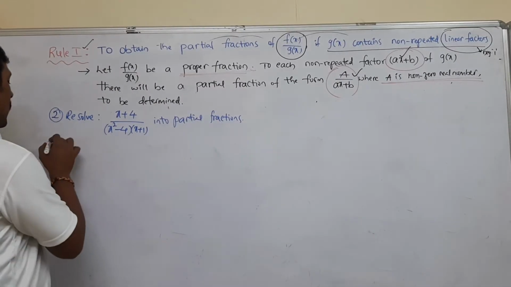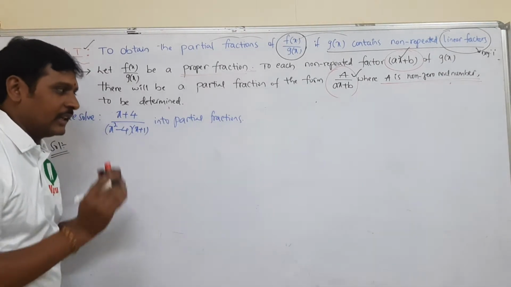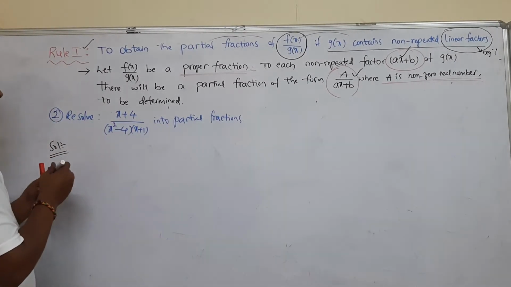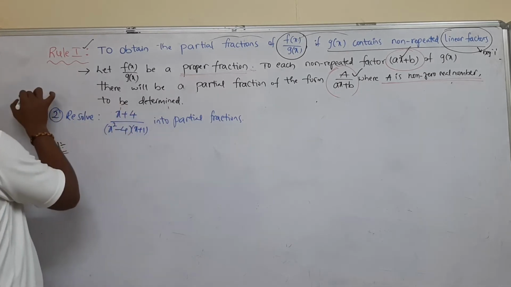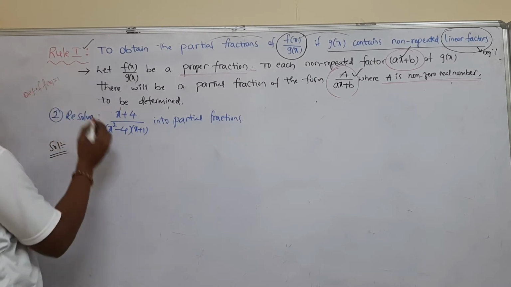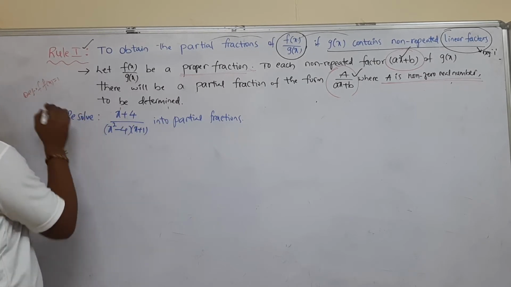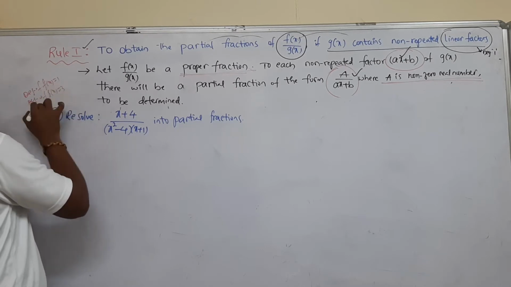So once again, verify whether the given question is a proper fraction or an improper fraction. You can see the degree of the numerator is 1. So degree of f of x is 1 and the denominator, 2 plus 1, is 3. So degree of g of x is 3.